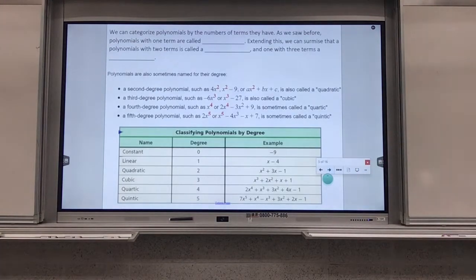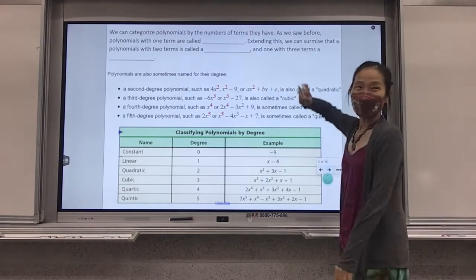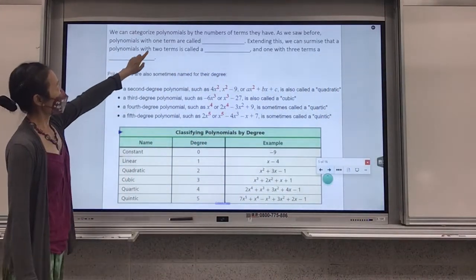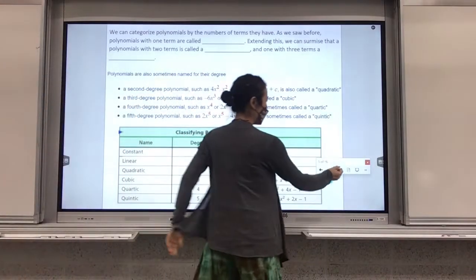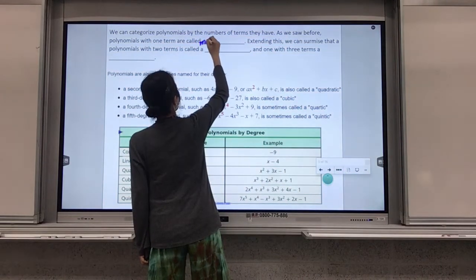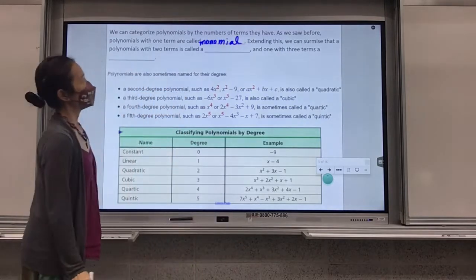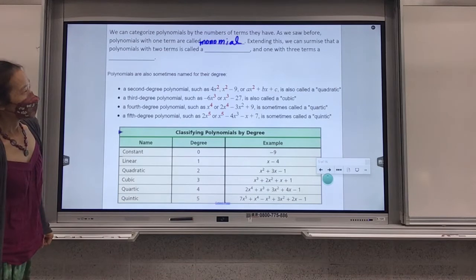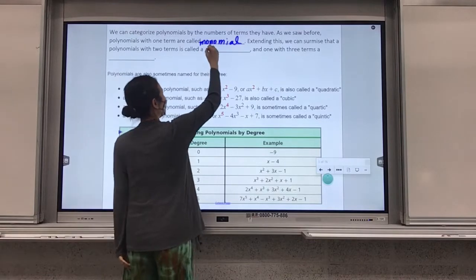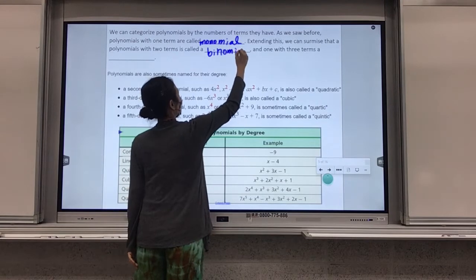We can categorize polynomials by the number of terms that they have. You actually know this. As we saw before, a polynomial with one term, we just introduced, we call a monomial. A polynomial with two terms is called a binomial, like a bicycle.